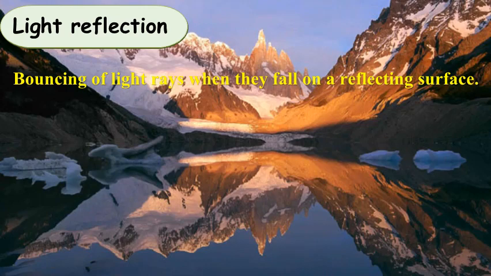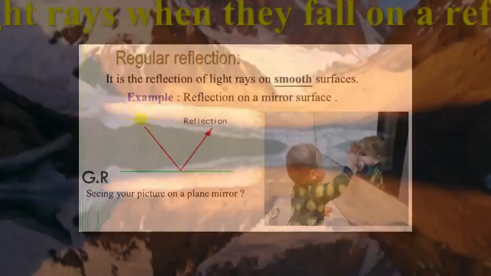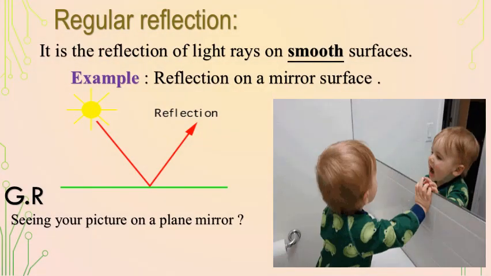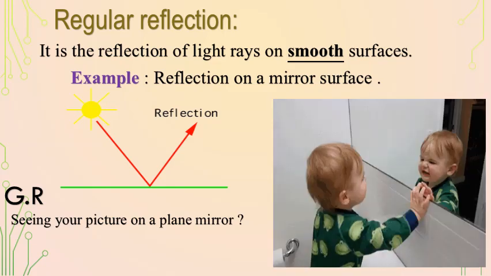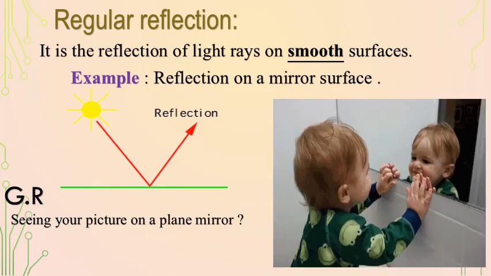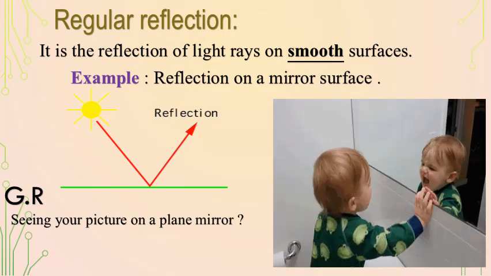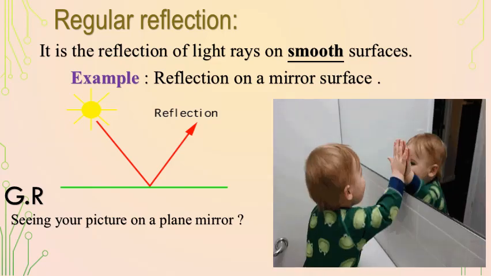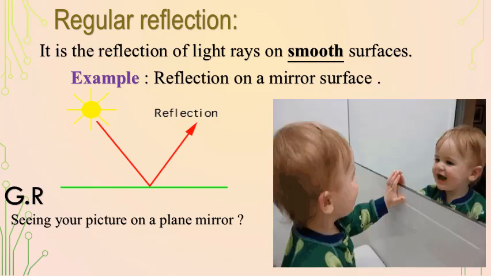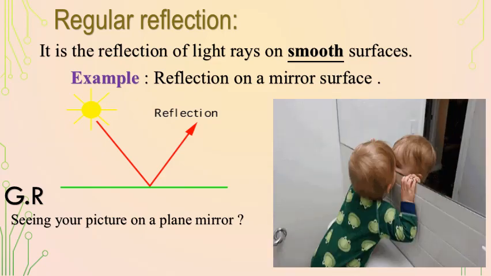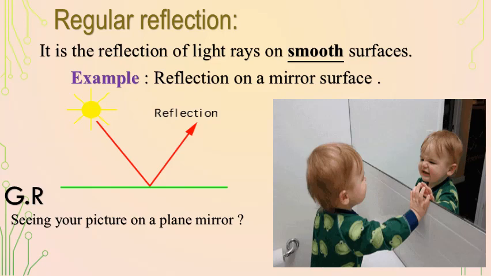Okay, we have a special kind of reflection called regular reflection. What is the meaning of regular reflection? It's a type of reflection that happens when light rays fall on a smooth surface like a mirror or the surface of water.